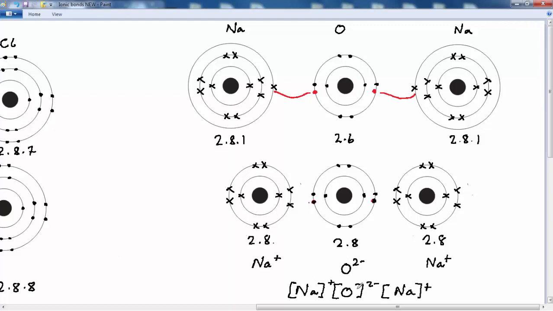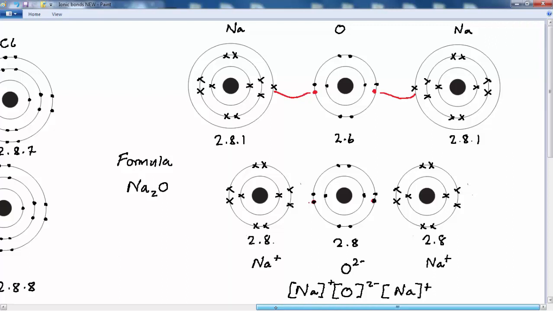And we can see straight away that the formula for sodium oxide is therefore Na2O. And so we can derive the formula of any ionic compound by considering the interchanges of electrons that take place when that compound is formed.